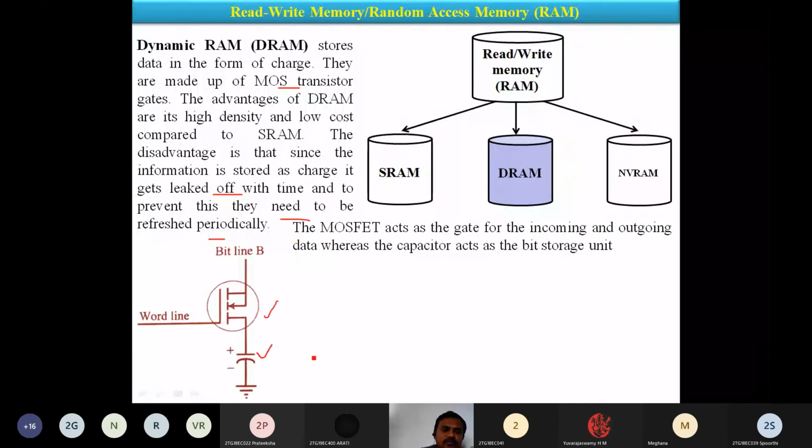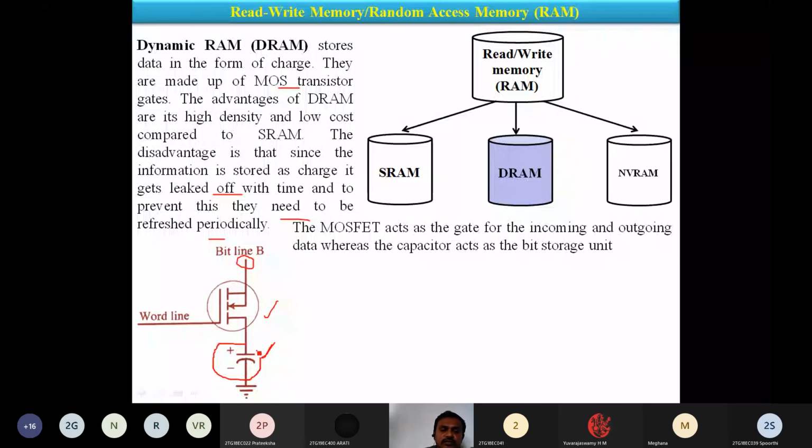Whatever data you want to write, on the drain side of the MOS, whatever data you want to store will be available, and that will be kept in the form of charges in the capacitor. So this capacitor is used to store the data in the form of charges. Okay.